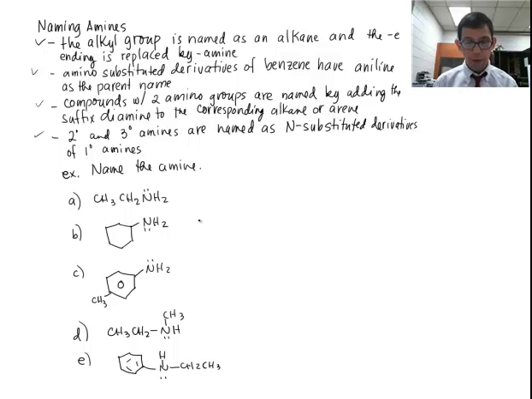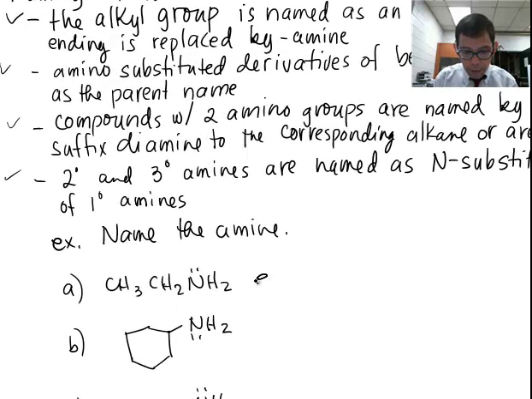Let's name the first one. So we have a chain of 2 carbons and then we have an NH2 attached to it. So therefore the parent alkane is ethane. So you drop the E in ethane and replace with amine.